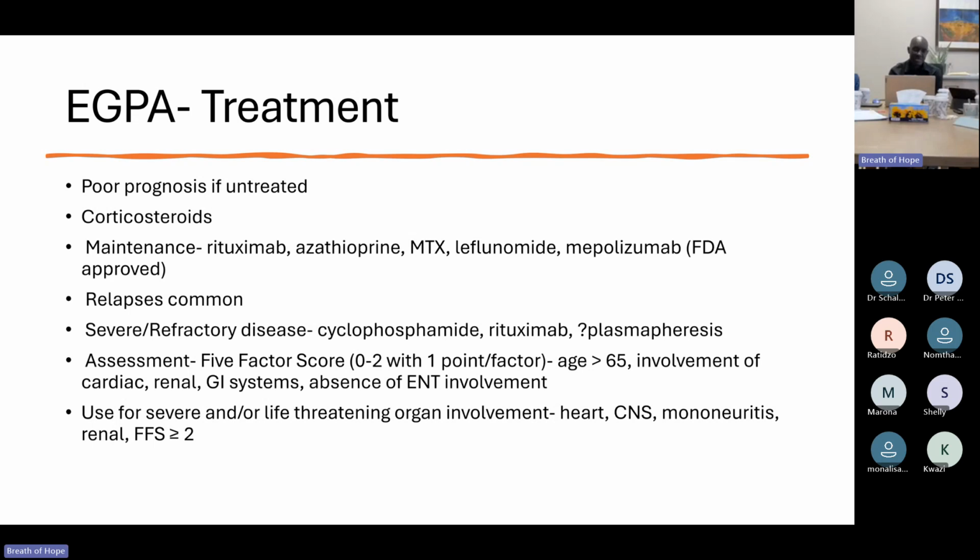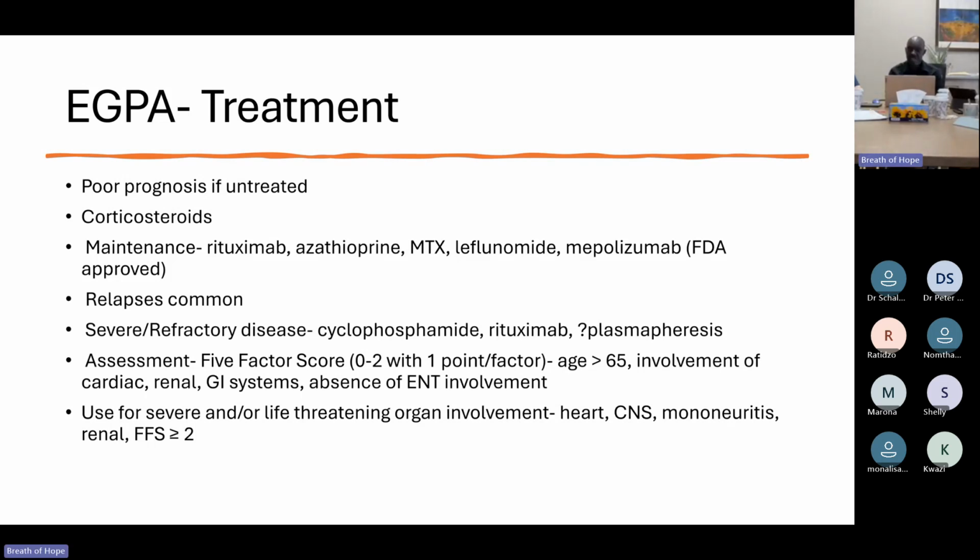For treatment and prognosis, if untreated, corticosteroid still remains a cornerstone. Maintenance with rituximab, azathioprine, methotrexate, and of course, you can use mepolizumab, which is always indicated. Relapse is quite common. In severe refractory disease, cyclophosphamide and rituximab are always indicated, and in some cases, the role of plasmapheresis.